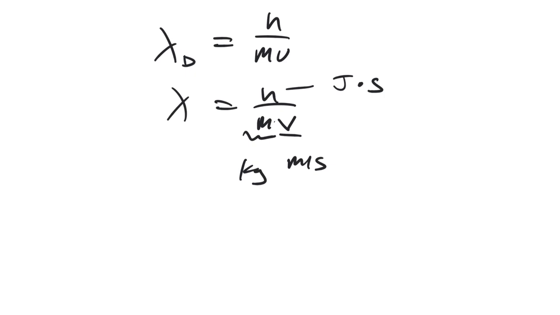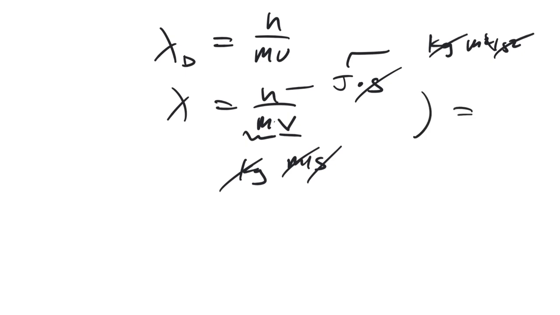A joule, something that we don't maybe realize all the time, is exactly a kilogram meter squared per second squared. So that's why we want the mass in kilograms, and then we want our velocity and our seconds to cancel so that we get our wavelength out in units of meters, if we just plug everything in SI units.